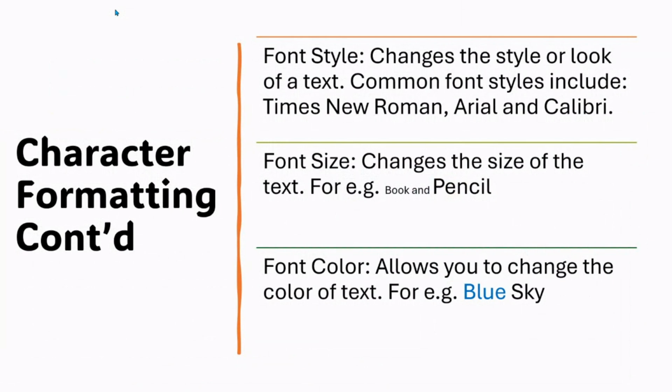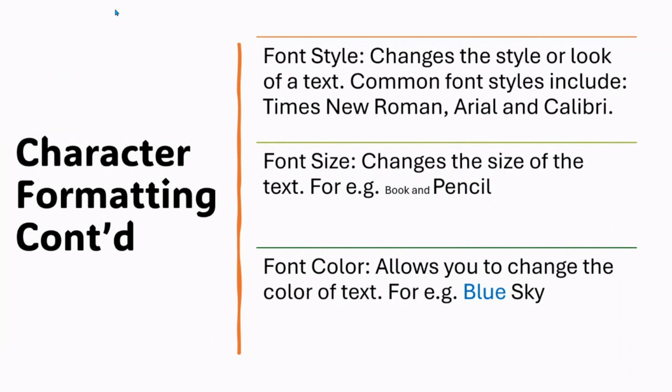Font size changes the size of the text. And you see right there, we have book and pencil. As you would have noticed, book is much smaller than the remaining text. So you realize how big pencil is and how small book is. So these are ways in which we go about using font size to change the appearance of the text.